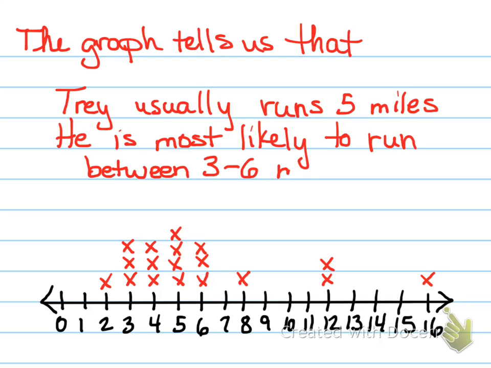So if I look at which area is the greatest, I can see that this area right here above 5 is what he usually runs. That's got the most X's above it. There's the biggest concentration of X's right here between 3 and 6. So that tells me that Trey's most likely to run between 3 and 6 miles every day. It's very rare that Trey runs 16 miles because there's only one X there.